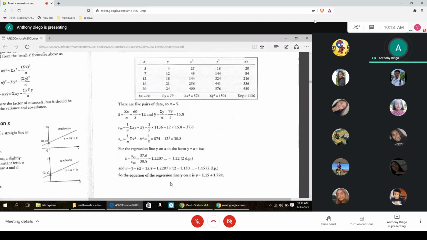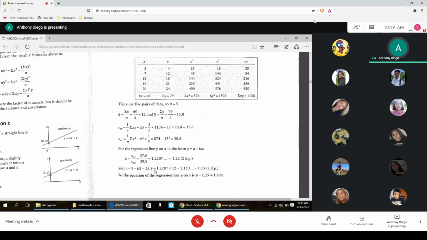Then they continue. Then they find B. How did they calculate B? They take the SXY, which was 37.6, divided by the variance of x, which is 30.8. And when they simplify that, they obtain 1.2207. And to 2 decimal places, it is 1.22.